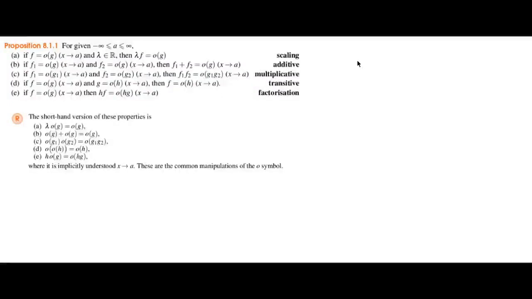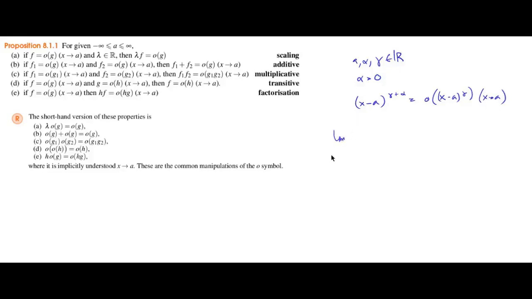For instance, we have three real numbers, a, alpha, and gamma, and we know that alpha is greater than 0, right? Then (x minus a) to the gamma plus alpha is small o of (x minus a) to the gamma when x goes to a, right?